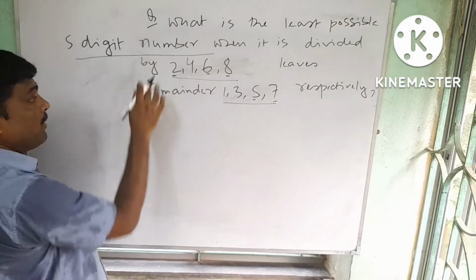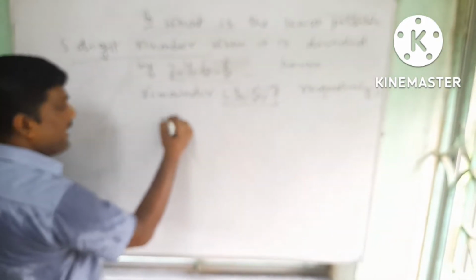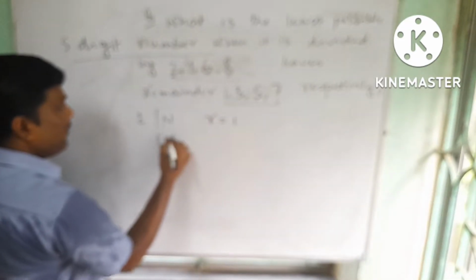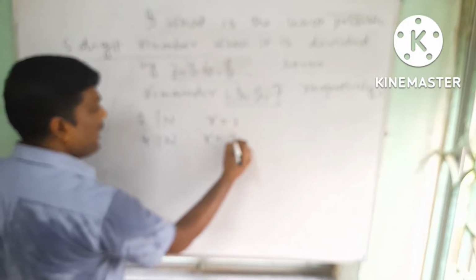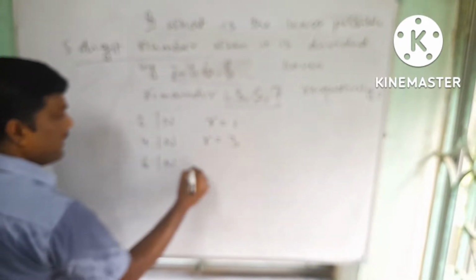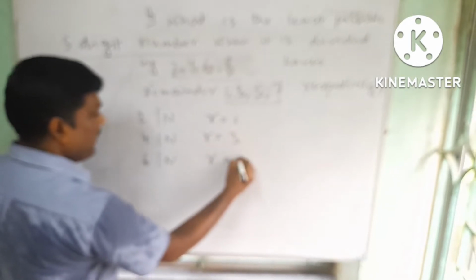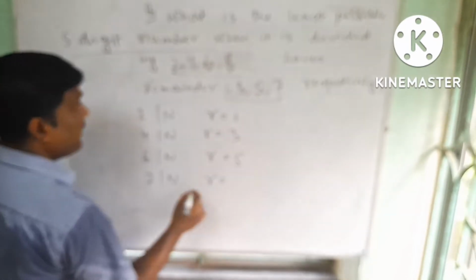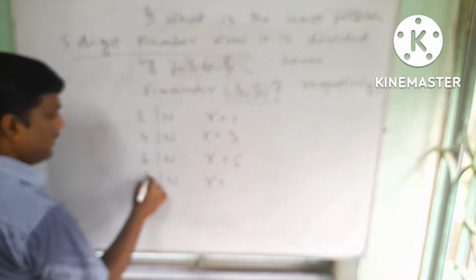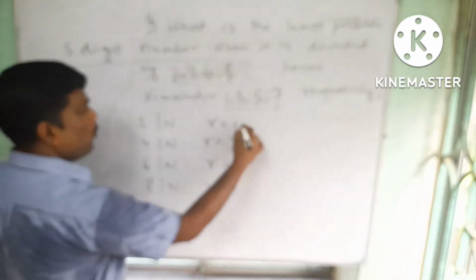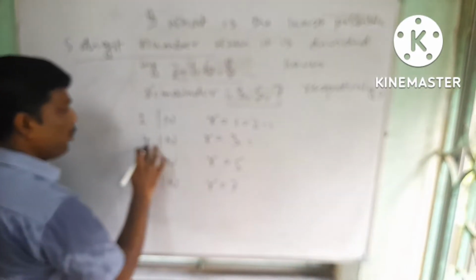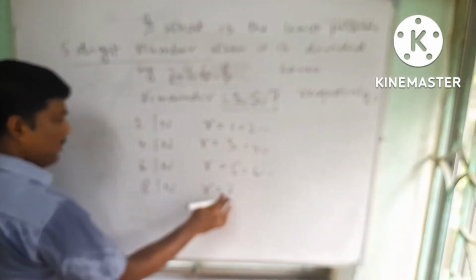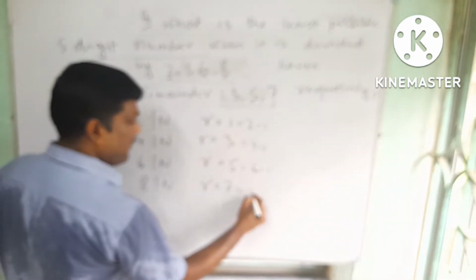Now see, suppose n divided by 2, remainder is 1, divided by 4, remainder is 3, divided by 6, remainder is 5, divided by 8, remainder is 7. Now 1 is 2 minus 1, 3 is 4 minus 1, 5 is 6 minus 1, 7 is 8 minus 1.